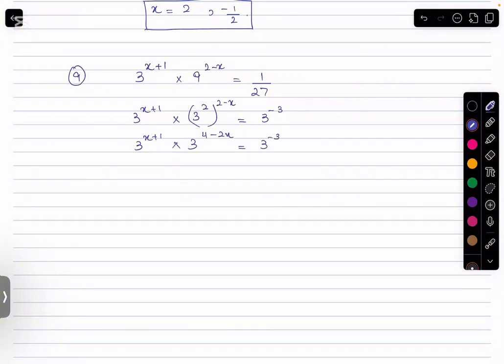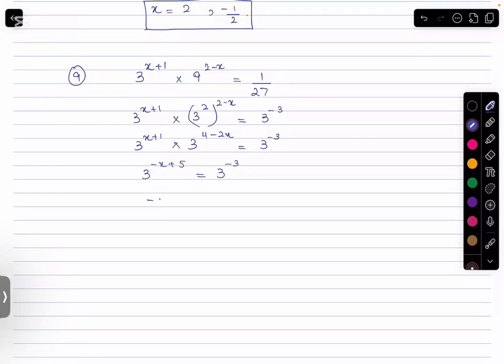First, we'll add the two powers and then we'll equate it to minus 3. Very good. So what is going to be on the left side then? 3 to the power minus x plus 5, which is equal to 3 to the power minus 3.